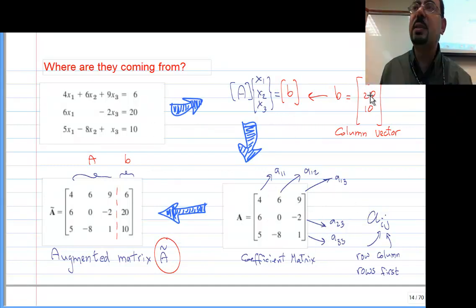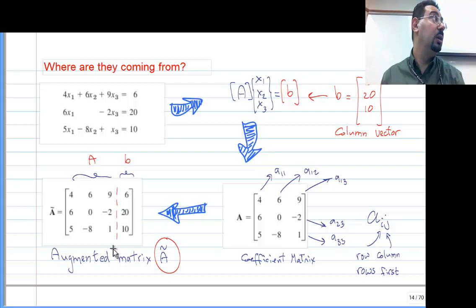If you stick the B next to it, like this, and you put a dotted line, or you don't put the dotted line, it's not A anymore. That's A with B next to it. This is called the augmented matrix.